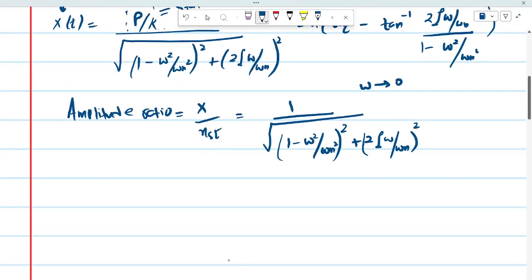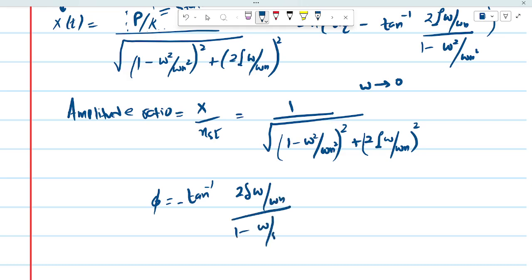And the same way you can find the phase angle. For this one, it becomes tangent inverse of damping ratio into omega over omega n, divided by 1 minus omega over omega n square. So this is how you can find the response.